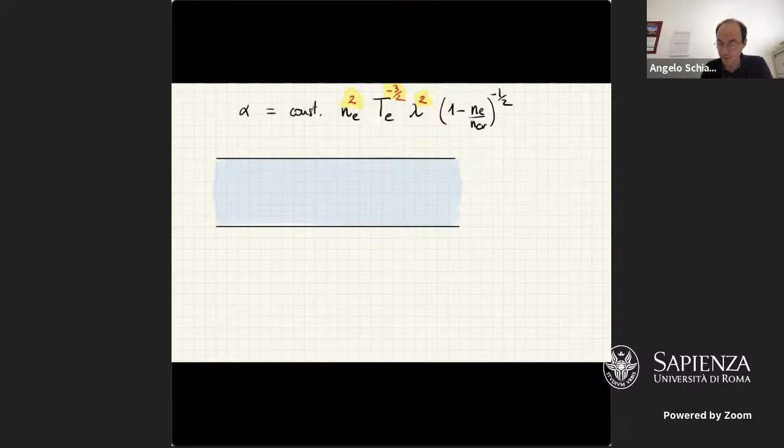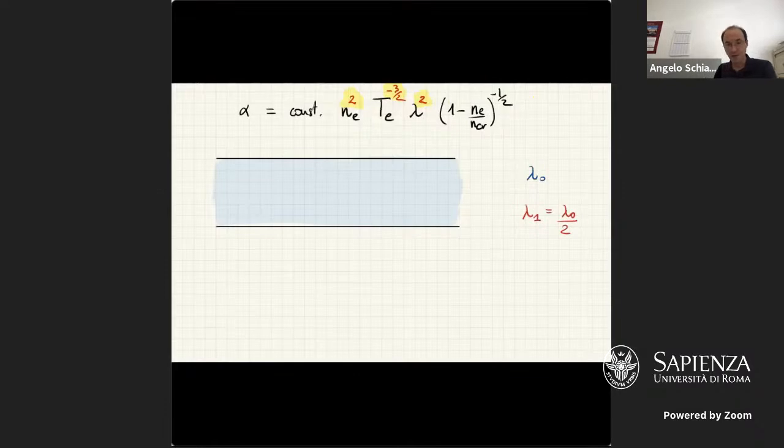Let's suppose that wavelength 0 is lambda 0, and lambda 1 is going to be half of lambda 0. So a long wavelength and a short wavelength.